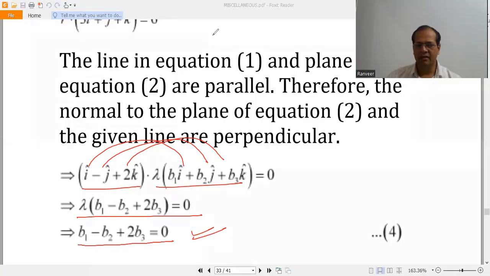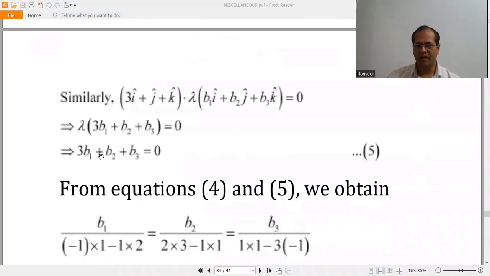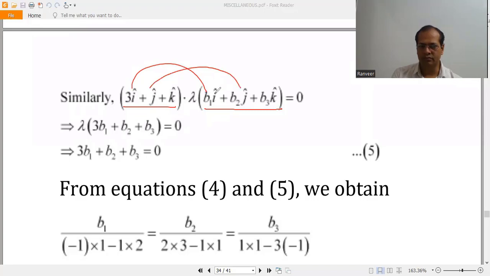Similarly for the line and the other plane, that is (3i plus j plus k) dot lambda (b1, b2, b3), so we get 3 b1 plus b2 plus b3 equal to 0, this is equation 5.